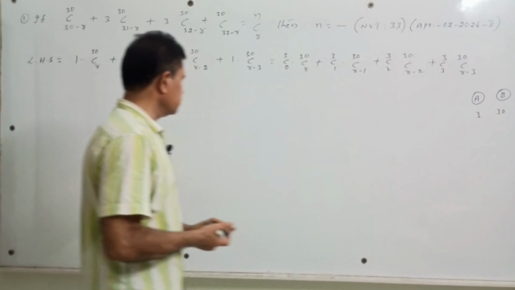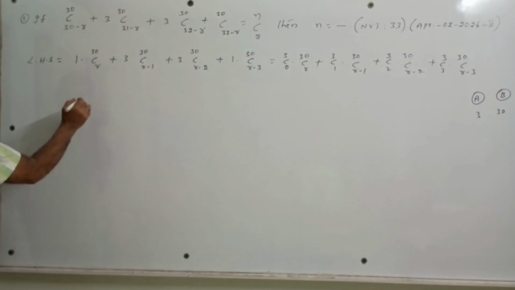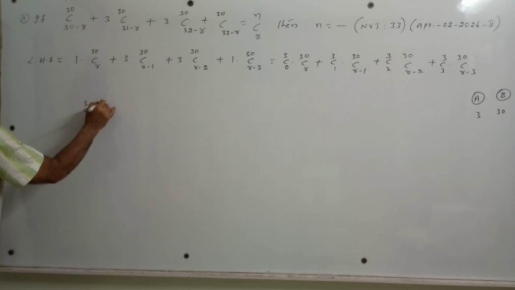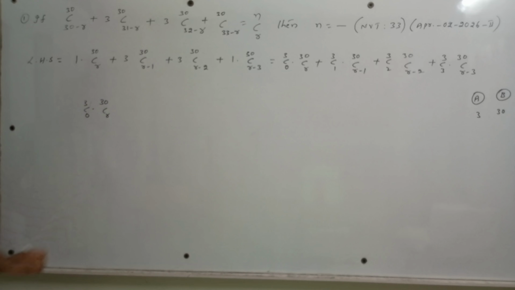So the number of such selections will become 3C0 multiplied with 30Cr.